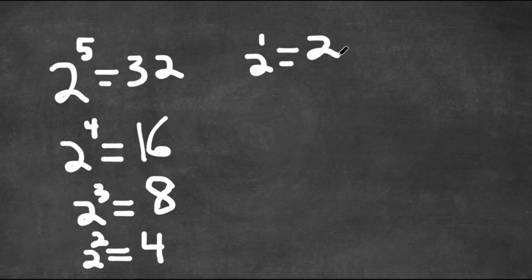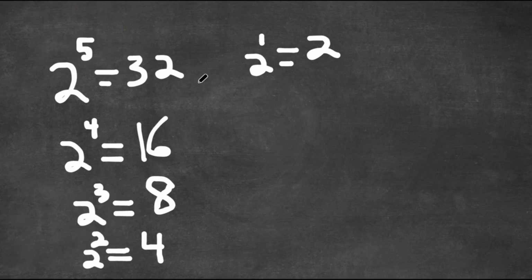And remember, exponents are when our base here, which in this case is 2, is multiplied by itself x amount of times, x being our exponent. So 2 to the power of 1 is 2 because 2 is multiplied by itself 1 time. 2 to the power of 2 is 4 because 2 is multiplied by itself twice, 2 times.